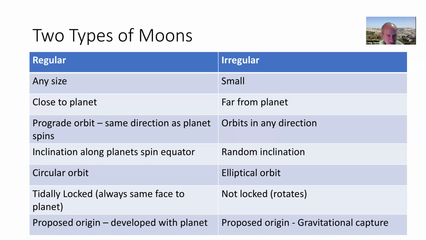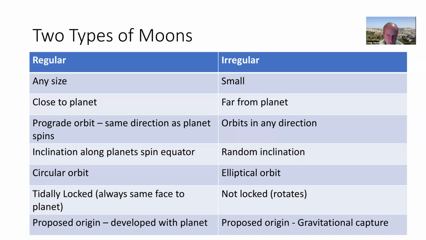Regular moons are tidally locked. That means they always show the same face to the planet. Irregular moons are not locked. In other words, they're just rotating. Now, regular moons being locked and having a circular orbit, there's a reason for that, and I'll have to get to that in the next video on tidal forces.